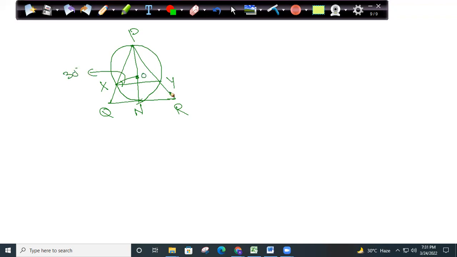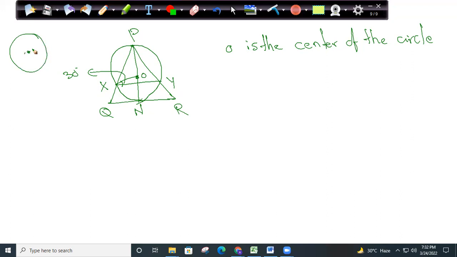in the given figure, O is the center of the circle. I'm writing the question. In the given figure, O is the center of the circle. Everyone knows a circle. This is the center. This is the radius. This is the diameter. If you know that, it is more than sufficient.